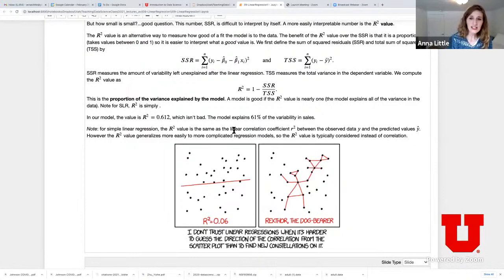But when we deal with more complicated regression models, that equivalence is not true anymore. So we want to think about this capital R squared more generally, so that we can generalize it more easily to more complicated regression models, which we'll do in the future.